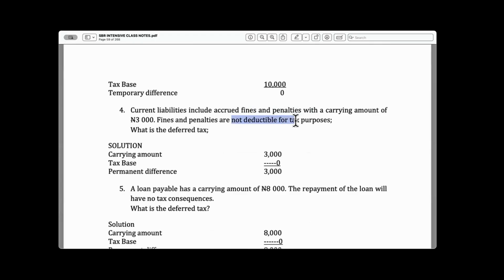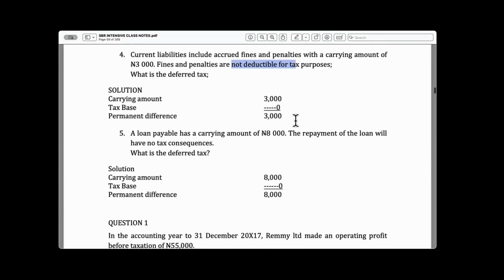They are never deductible for tax purposes. So there's no temporary difference, it's a permanent difference. No deferred tax application. A loan payable of 8,000, the repayment of the loan has no tax consequence. So no deferred tax implication because no temporary difference. It has no tax consequence like that.